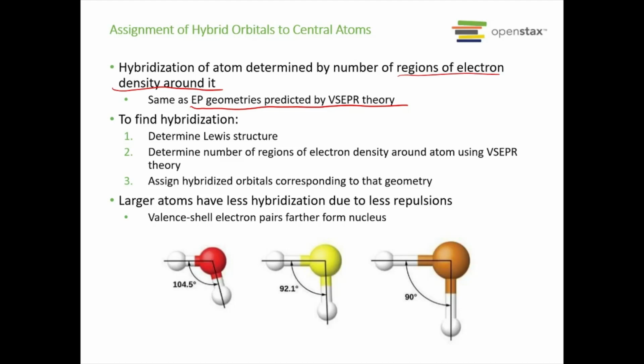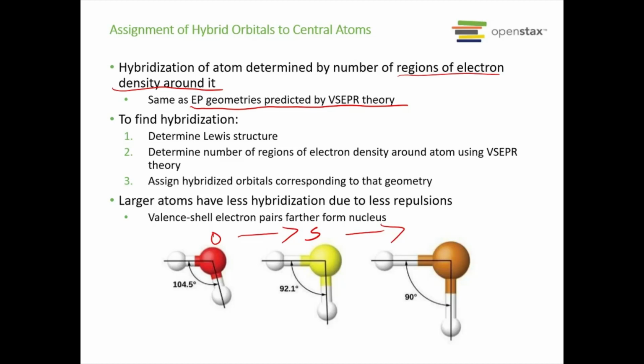A couple things though. When you have a larger central atom, you have less hybridization because you now have less repulsion of the electrons being closer to each other. For instance, this is oxygen, sulfur, and the next one going down underneath oxygen. As we go down the periodic table, our atoms are getting bigger, right?